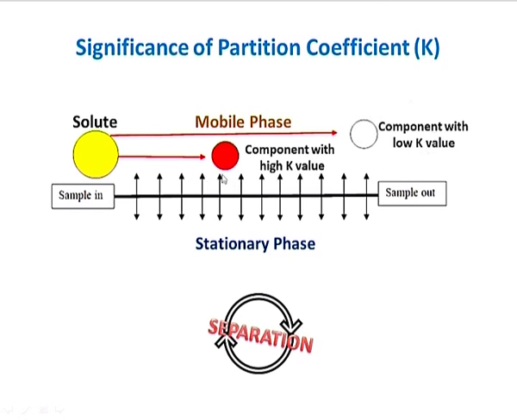As time progresses, as it interacts with the second plate, then third, then fourth, then fifth, gradually because of their difference in partition coefficients, this white will start to move further in comparison to red, and that is how the separation would be achieved using this concept of partition coefficient. This is the physical basis of their separation in chromatography. So, that is the significance here.